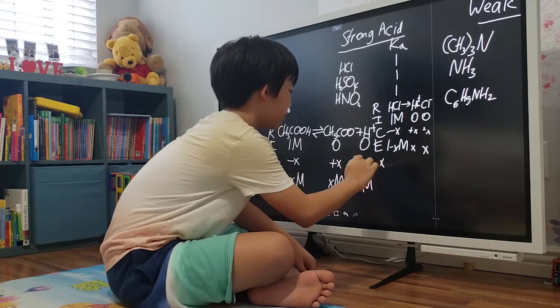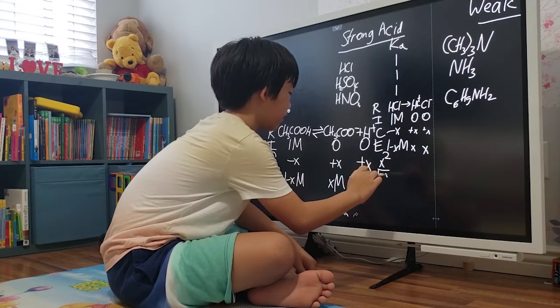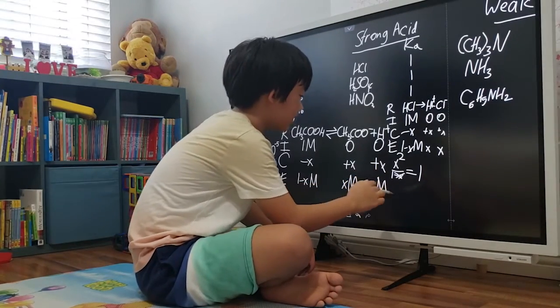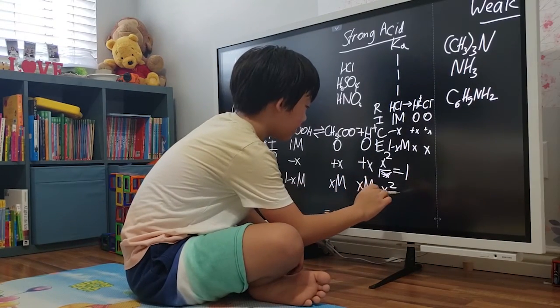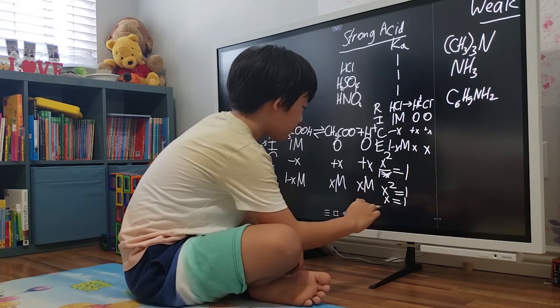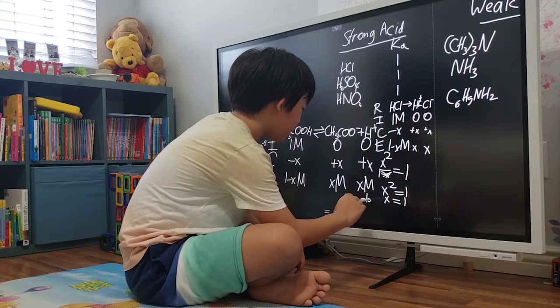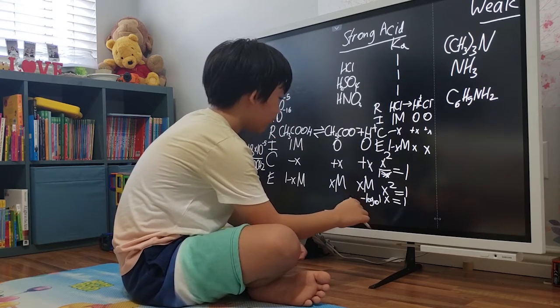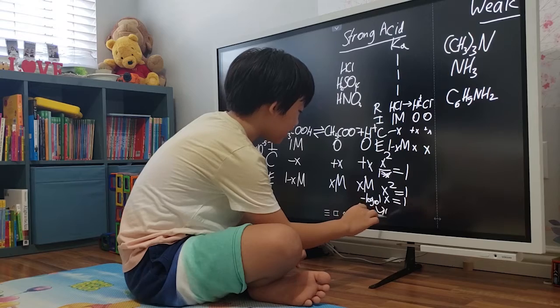If we just plug it all in, we're going to get this equals 1. Now, because we got rid of this minus x, we get x squared equals 1, and x equals 1. Now take the negative log of 1, which becomes 0.